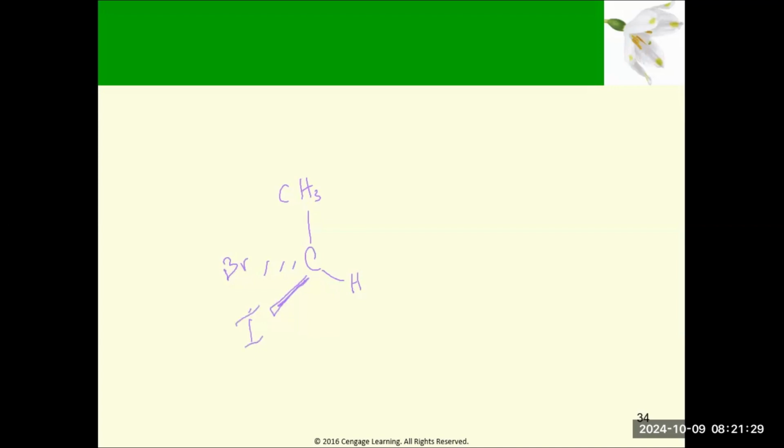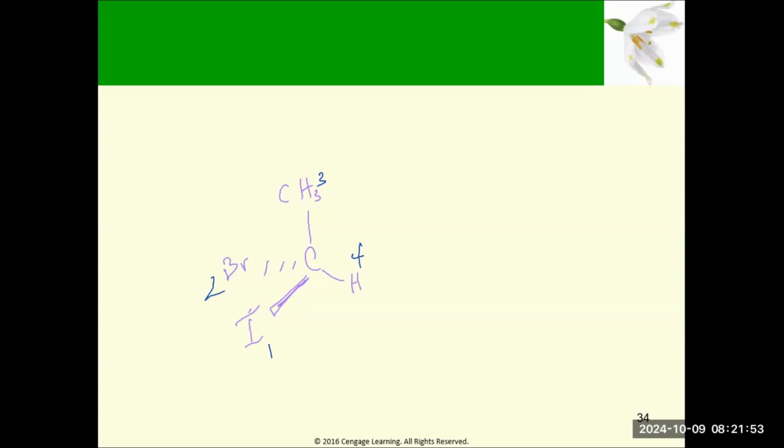So first, I'm going to number my priority. 1, 2, 3, 4. I noticed that my 4 is in the plane. So I have to do some switching around.